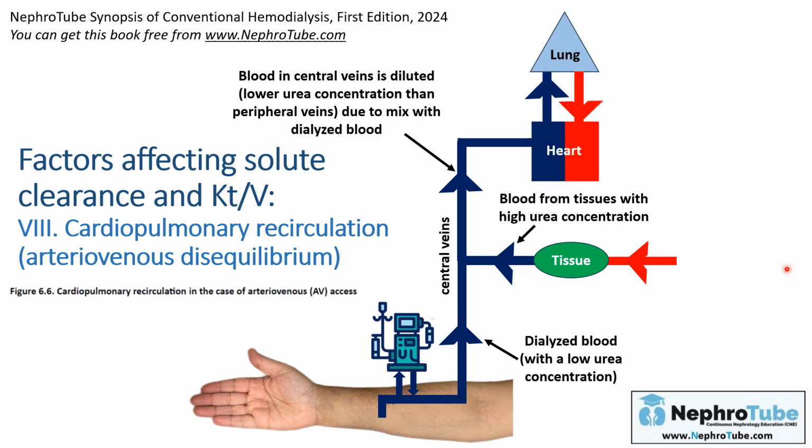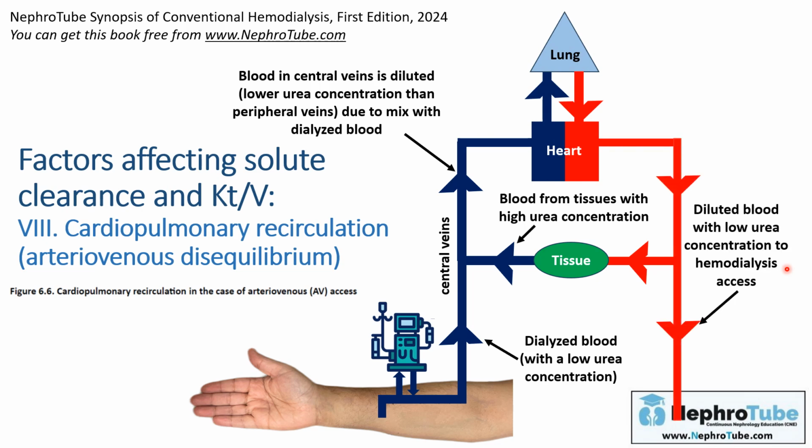This low urea concentration blood will go to the heart, and then again it will go to the vascular access. So the blood coming out of the heart is diluted with low urea concentration and will go to the access. So the blood entering the access is already diluted and contains low urea concentration.